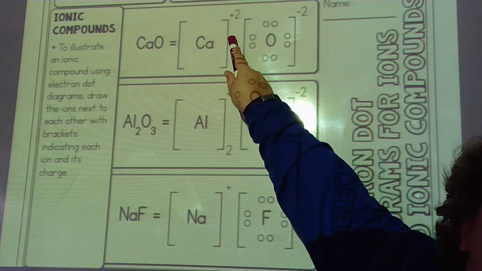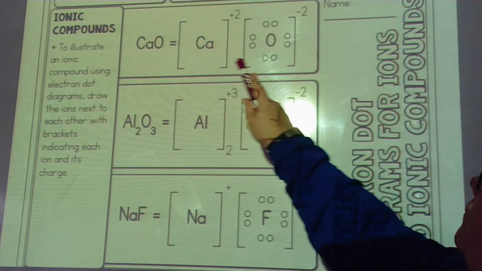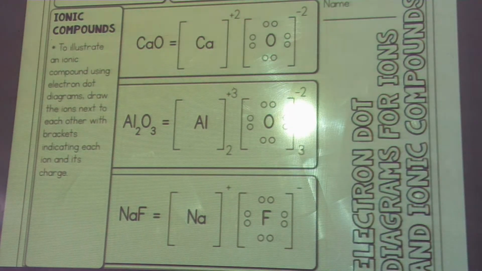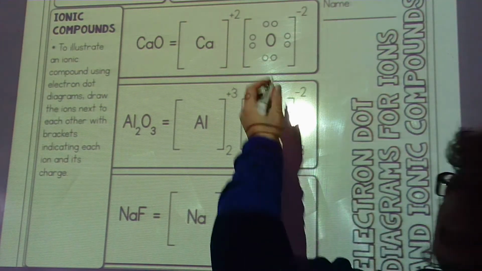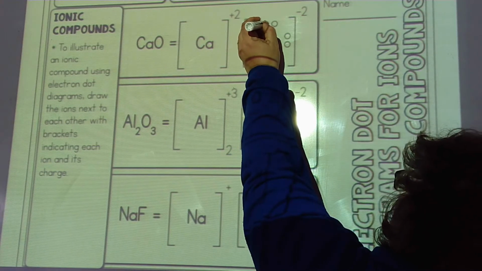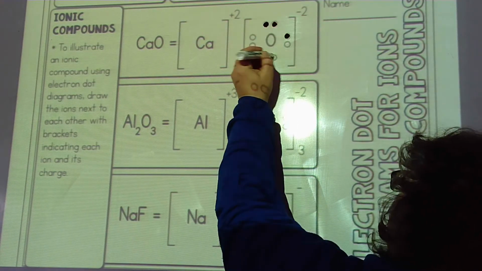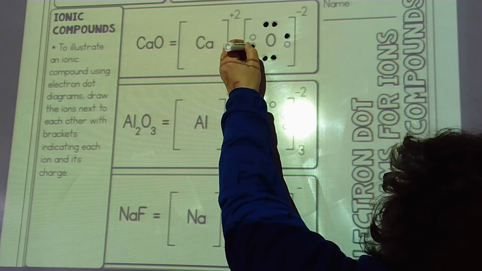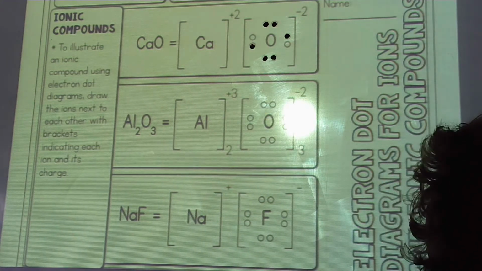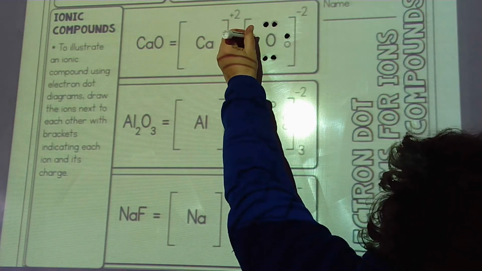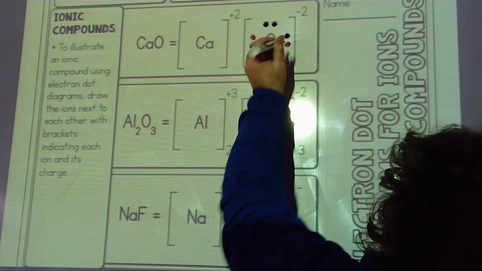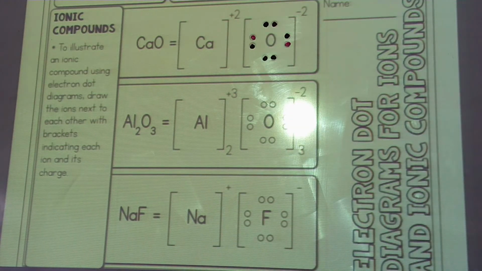It has given them up, which gives it a positive 2 charge. And over here is oxygen. It normally has 6 valence electrons. I'm going to color those in. So these are the 6 valence electrons that oxygen normally has. And it has these 2 that it has received from the calcium, which makes a full total of 8 electrons between the 2.